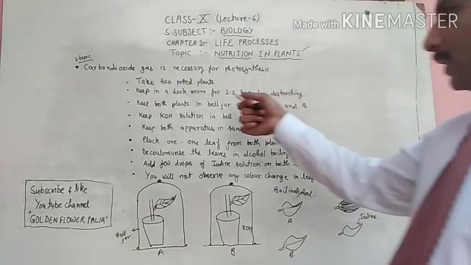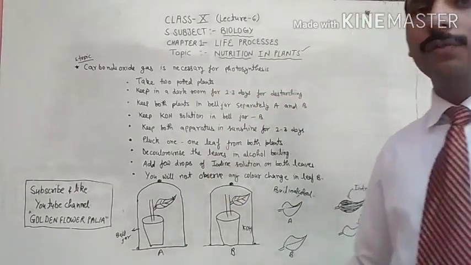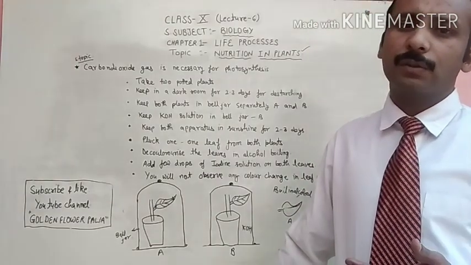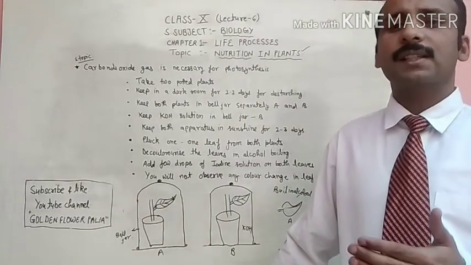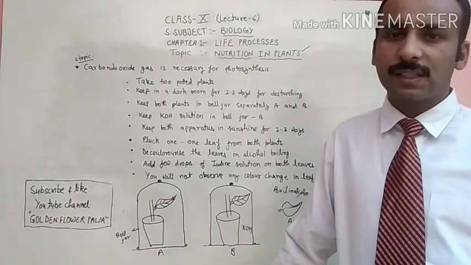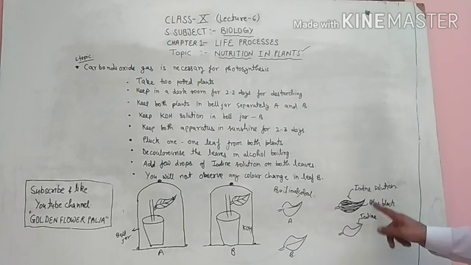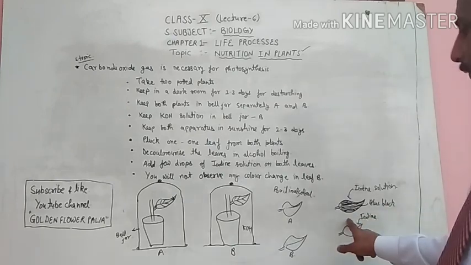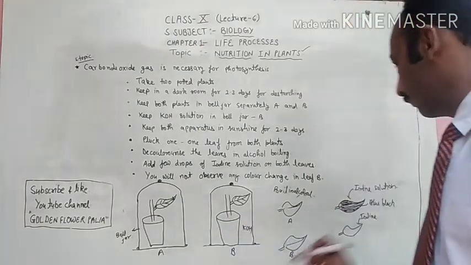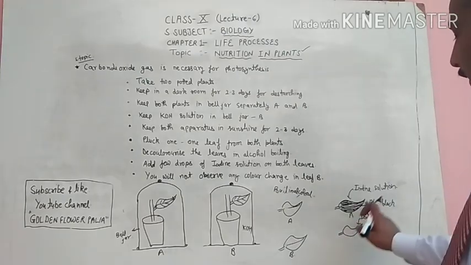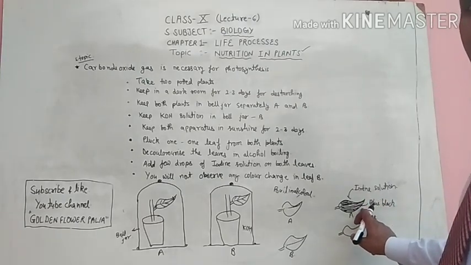So obviously we have to show that the photosynthesis process cannot take place without carbon dioxide. If the photosynthesis process takes place, then glucose or starch will form. After the iodine solution test, the leaf which we have taken from jar A will turn blue black.